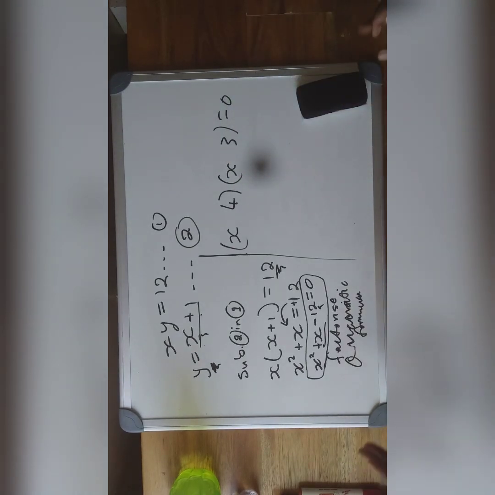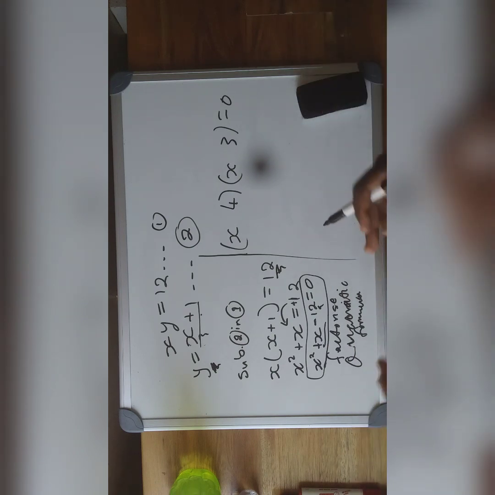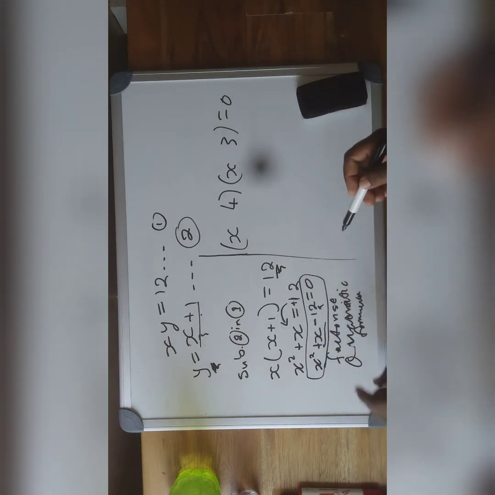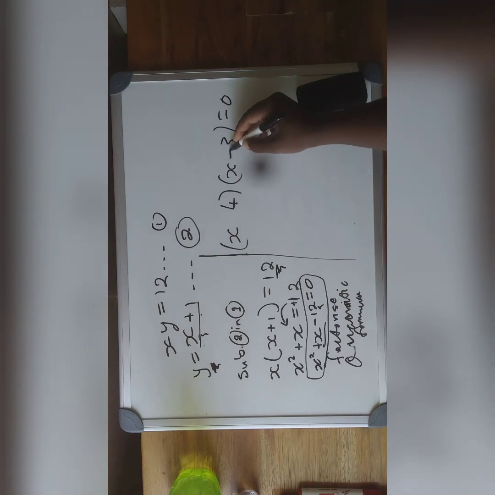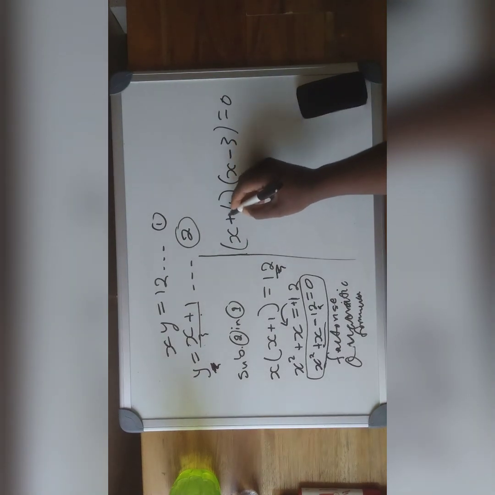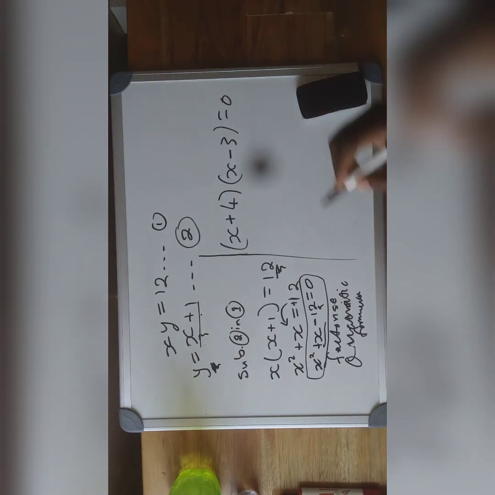Now we want to understand how we are going to get a positive x. It means we should have minus 3 and 4 should be positive, which means we have to say 4 minus 3.